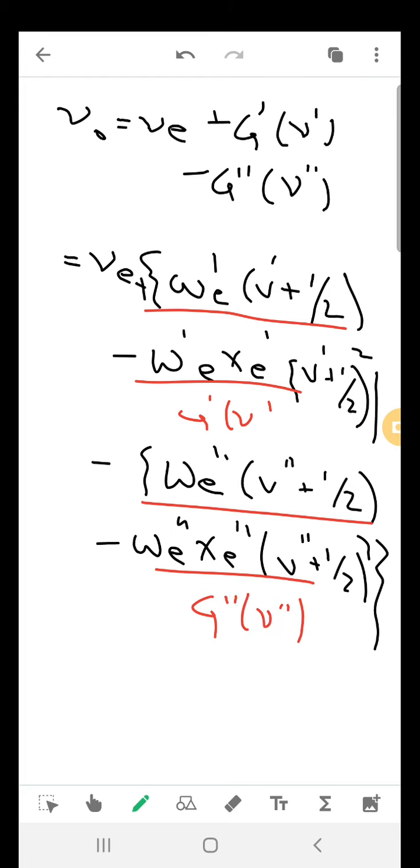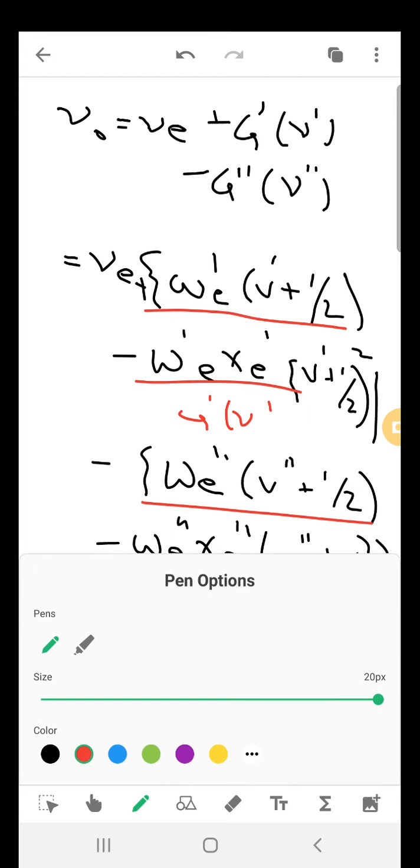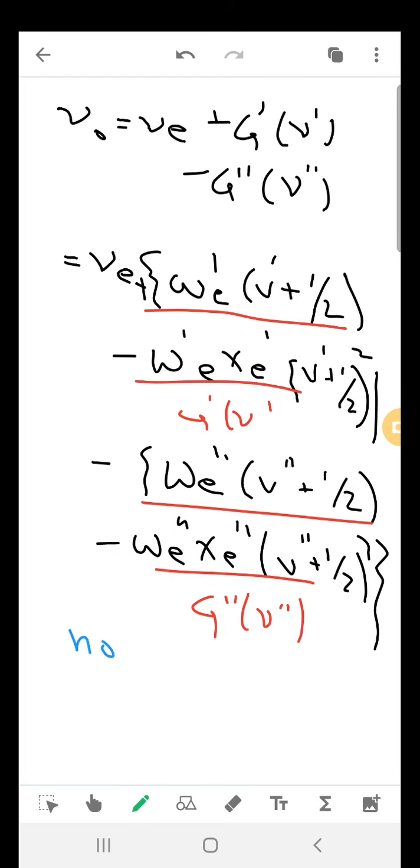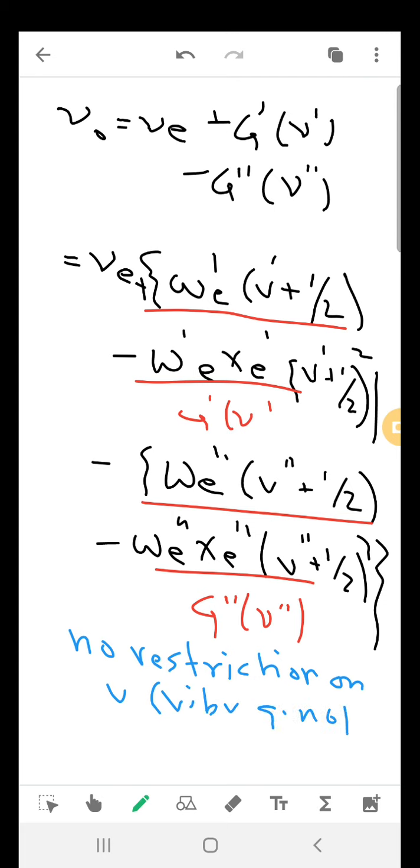And now for the electronic transition, there is no restriction on the change in the vibrational quantum number. So no restriction on v, which is the vibrational quantum number. It means that v is unrestricted.